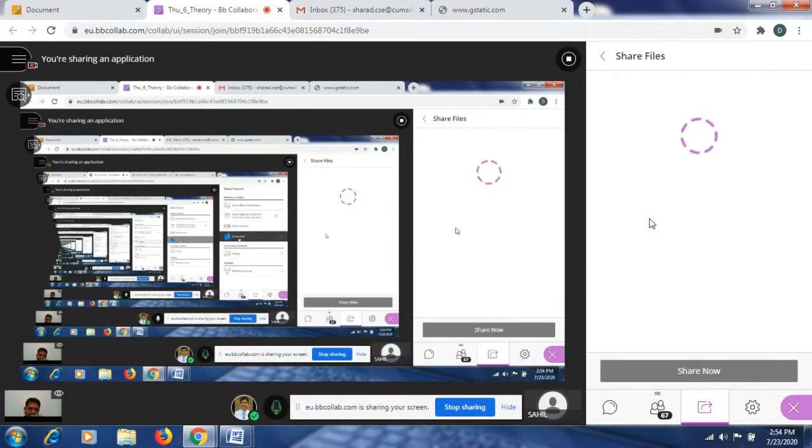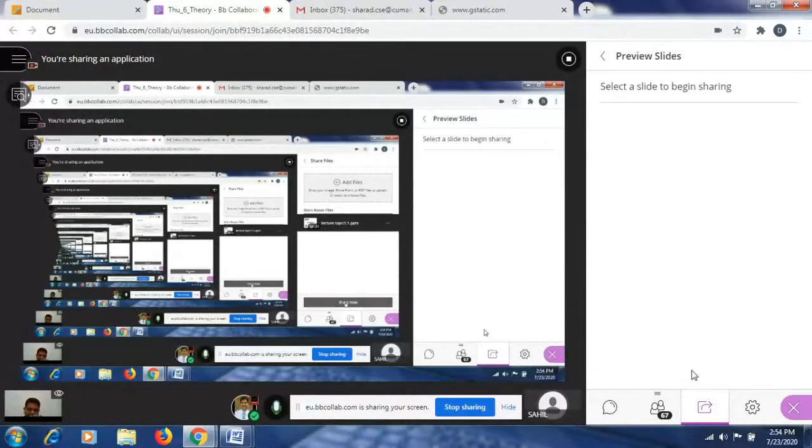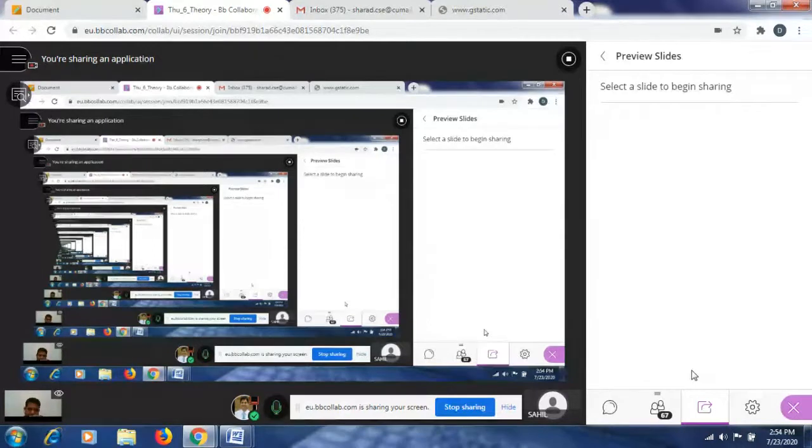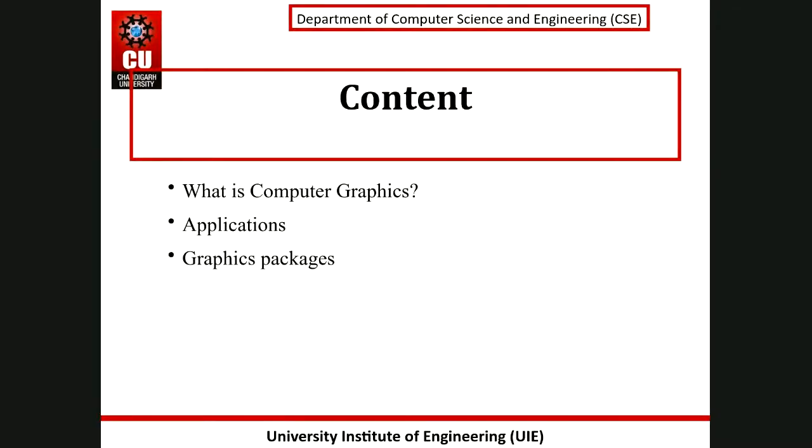Now we will start the first topic, that is introduction to computer graphics. If you have your notebook, you can write the first definition of computer graphics. What do you mean by computer graphics?